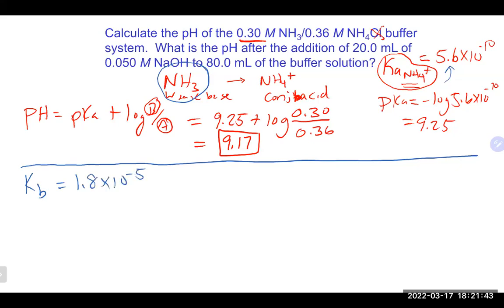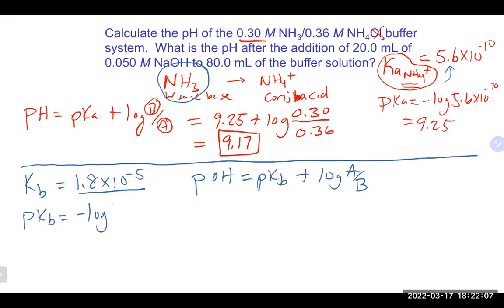And so how would you want to work it? Well, you could use that other equation. The pOH is equal to the pKb plus the log of the acid over the base. You could just convert this guy into your pKb value, which is done the exact same way, minus the log of the Kb value.